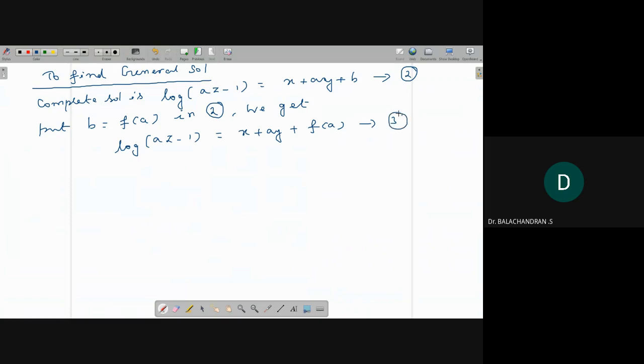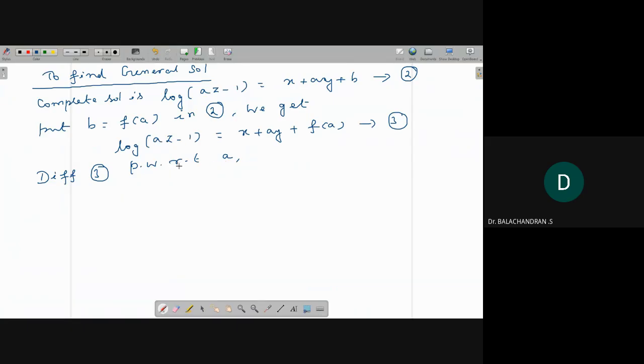Next, differentiate equation 3 partially with respect to a. If you tell the answer, then the class is a little bit interesting. That's why I'm asking questions.